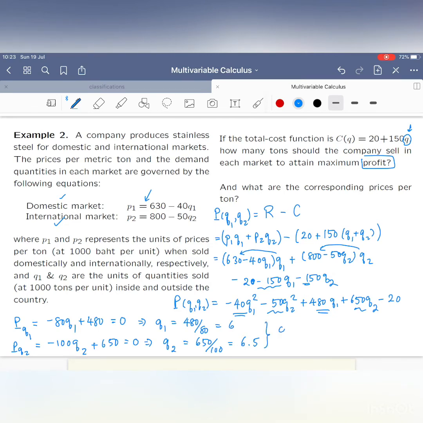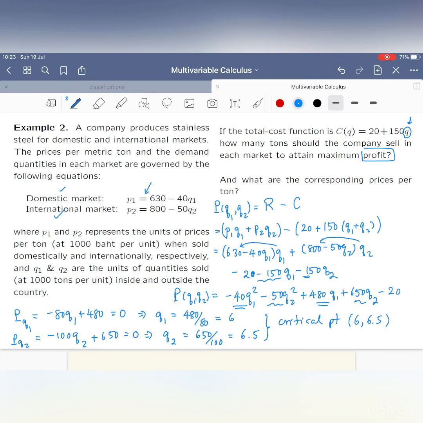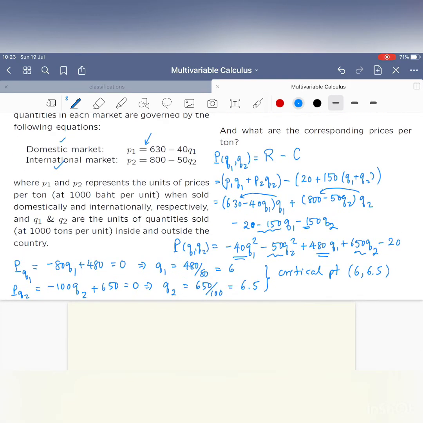So here is your critical point, which is 6 and 6.5, and you need to check whether your critical point really gives you the maximum of the profit by computing the second derivatives.